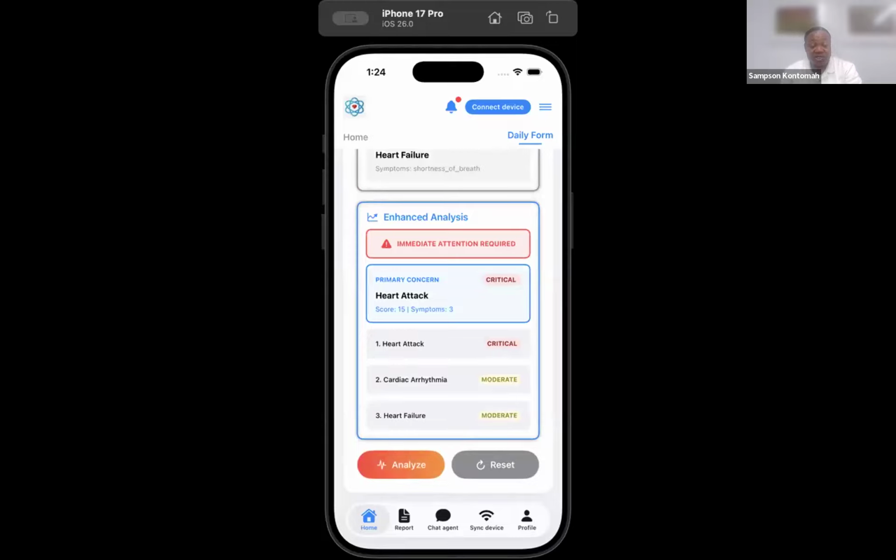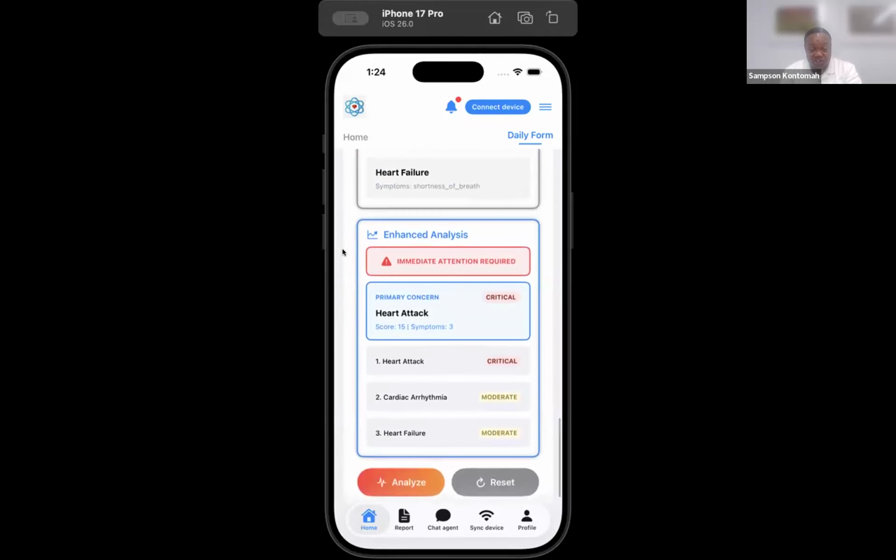So physicians, or the treatment team, will be alerted for proactive measures. There is also a second condition, which is cardiac arrhythmia moderate and heart failure moderate. So the treatment team can take this test as the first step in their investigation of the patient's condition.